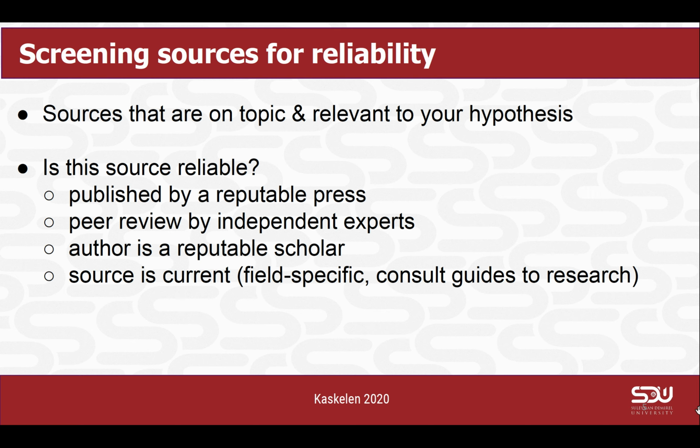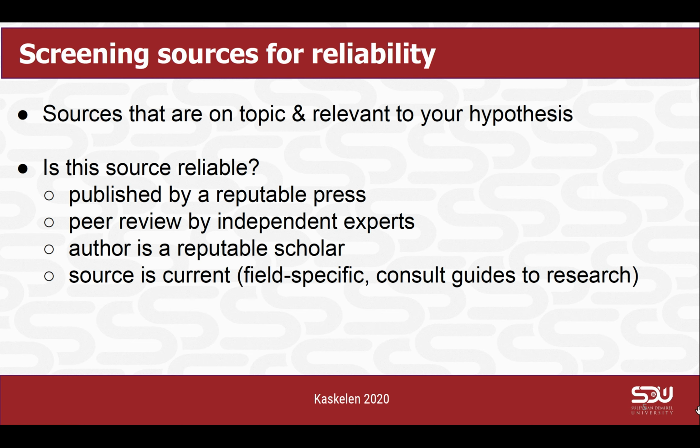In research articles, the journals tend to indicate where the authors work, their affiliation, and you can check them by Googling them. Well, if an author is a reputable scholar in your field, then it is likely that the source is reliable. Another tip is to check if the source is current, okay?